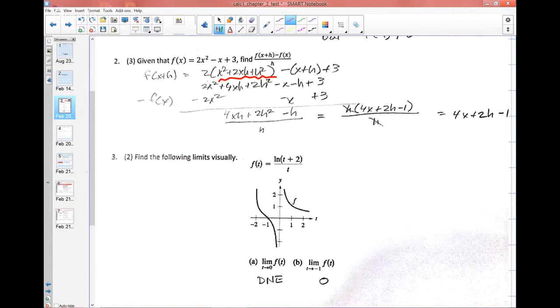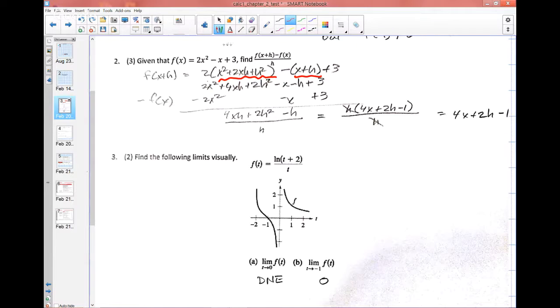And where some of the problem comes in, when you square x plus h, you do not get x squared plus h squared. You've got that double middle term, 2xh. So anyway, 2 times that thing squared minus that thing, so I substituted it here, plus 3.